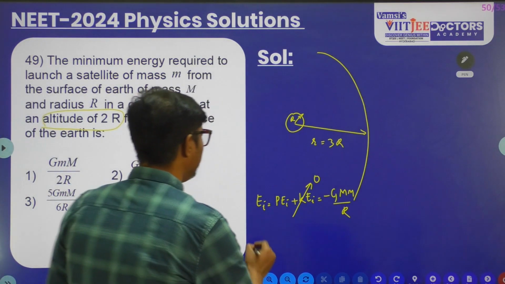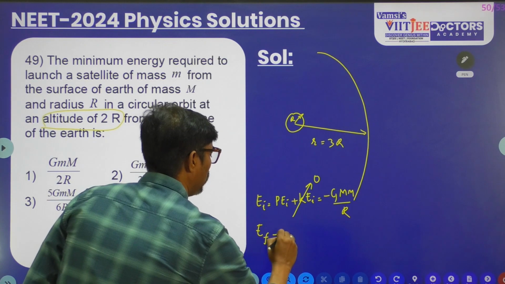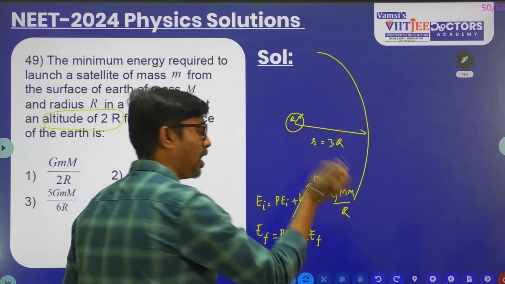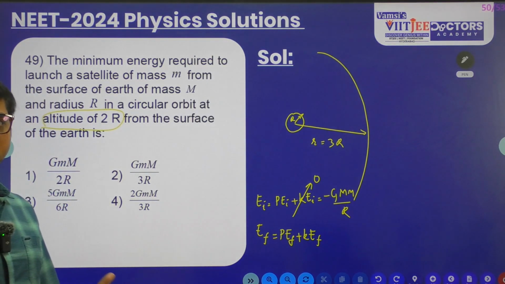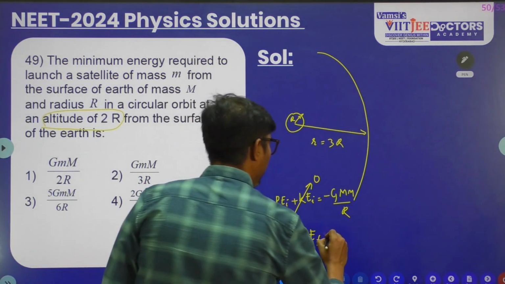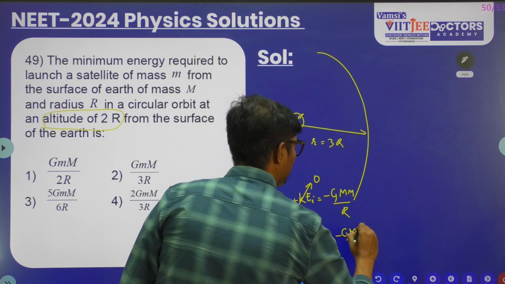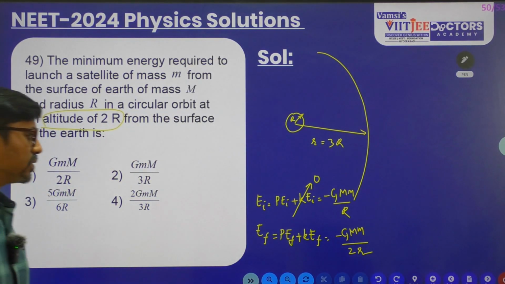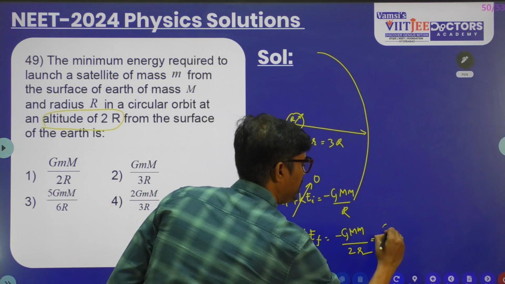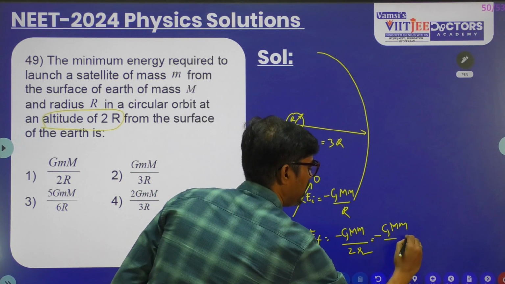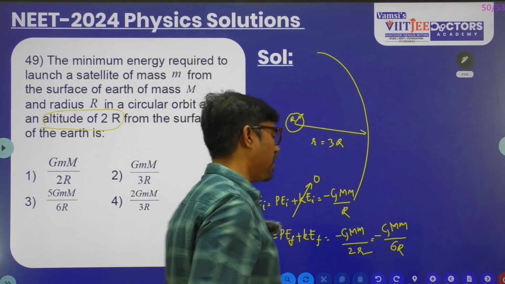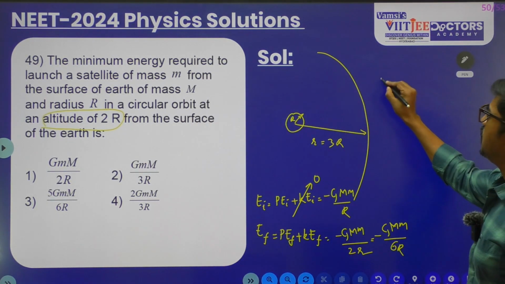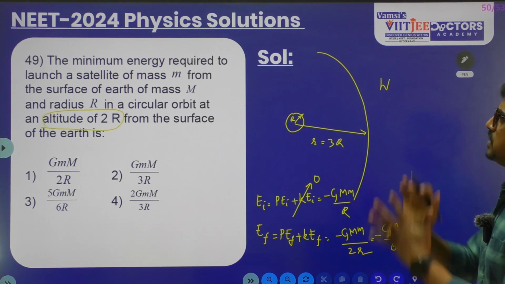What about the final energy? Final energy, you have potential energy as well as kinetic energy because it is going in the orbit. And the total energy in an orbit, you are supposed to know, will be minus G M m by 2r, where r equals 3r. So that is going to be minus G M m by 6r. So you have the initial energy and final energy. Now, what is the work done by the agent who is supplying this energy?